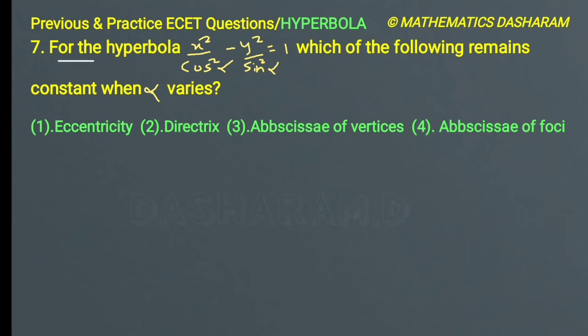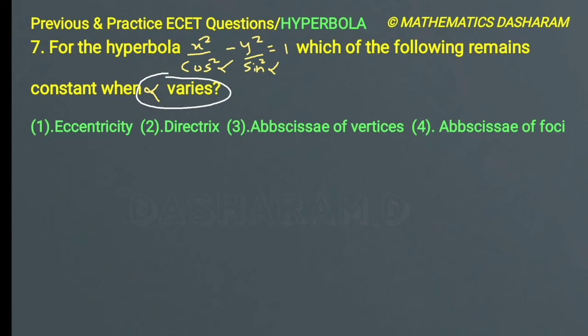Seventh question: for the hyperbola x square by cos square alpha minus y square by sin square alpha equals 1, which of the following remains constant when alpha varies? So for different alpha values, one of the following will always be constant.